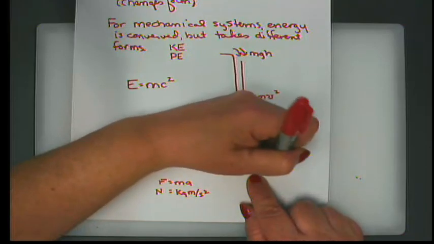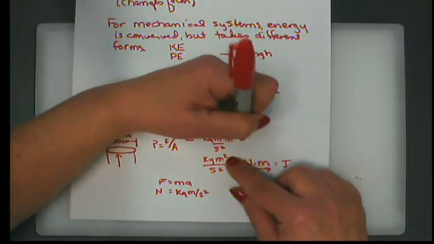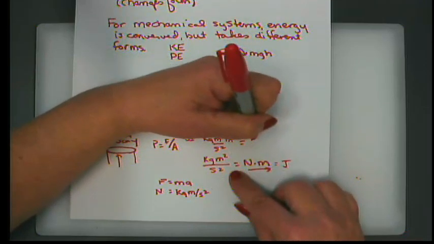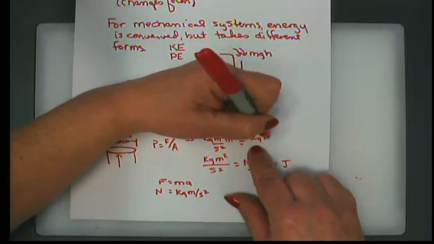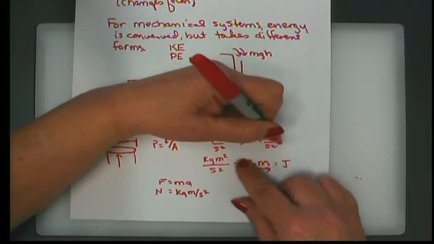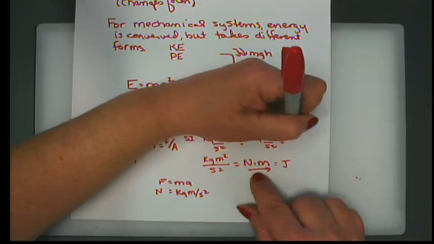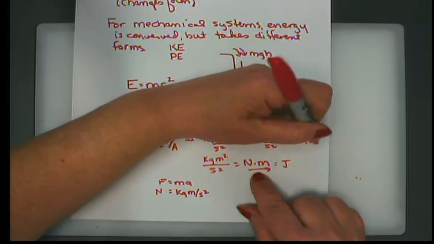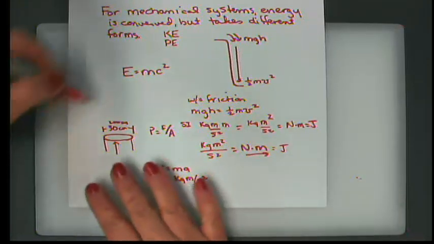And the unit for a Newton meter is a joule. Now if you look at the other side of the equation, once again you can see mass, kilogram. V is meter per second, and squared. That is also a kilogram meter per second squared times meter, which is a Newton meter, which is a joule. Okay, so these are the units of energy.